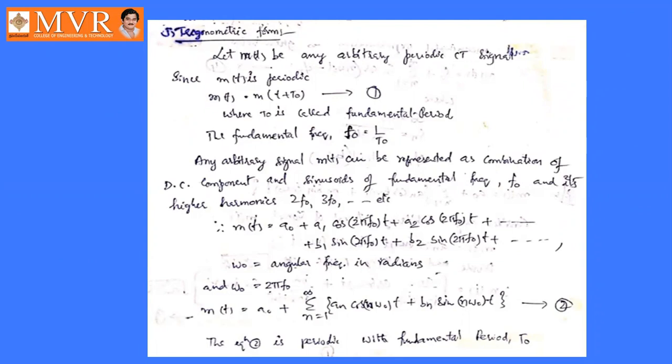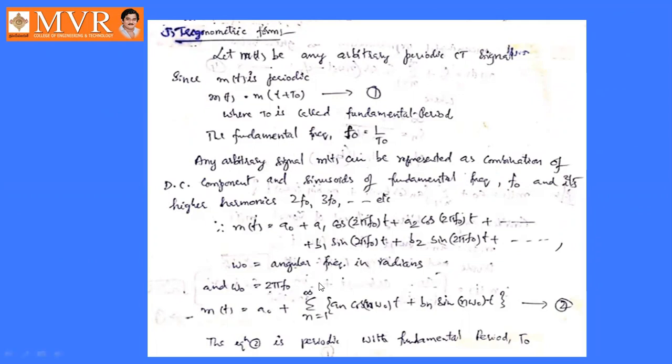So m of t is equal to a naught plus a1 cos 2 pi f naught t plus a2 cos 2 pi f naught t plus b1 sin 2 pi f naught t plus b2 sin 2 pi f naught t, etc., where omega naught equal to 2 pi f naught is the angular frequency in radians.